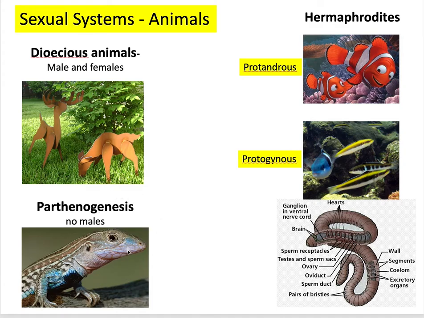And lizards are examples of this, and there are other animals that fall into this category, but not a lot of vertebrates. Some fish, certainly no mammals. I think that there's one species of bird that does this. But anyways, parthenogenesis is also known as asexual reproduction.